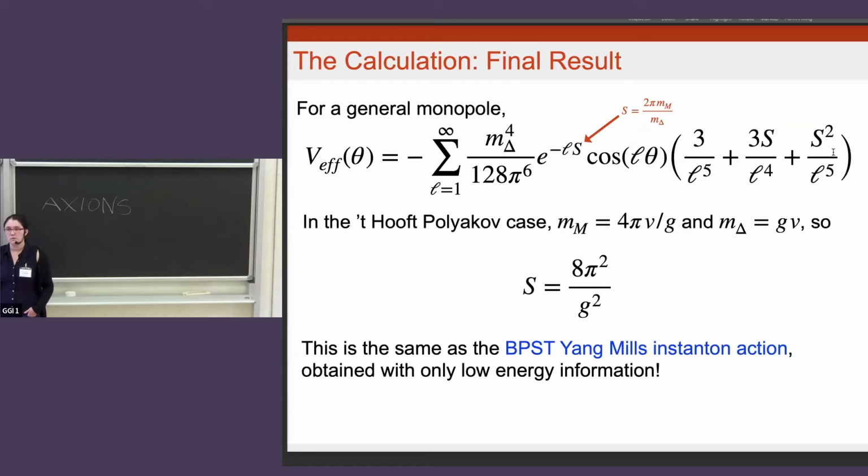We don't assume the presence of the dyonic collective coordinate. It falls out of the derivation. Things like the Kaluza-Klein monopole don't have a dyonic collective coordinate, but they also don't have an axion coupling that falls out.